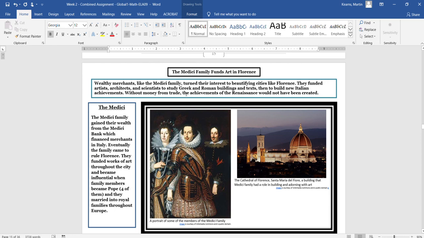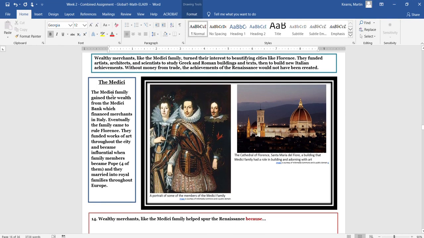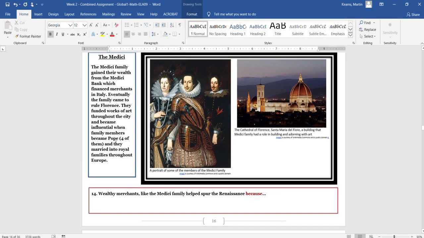Without money from trade, the achievements of the Renaissance would not have been created. The Medici family gained their wealth from the Medici Bank, which financed merchants in Italy. Eventually, the family came to rule Florence. They funded works of art through the city and became influential when family members became pope, 4 of them, and they married into royal families throughout Europe.